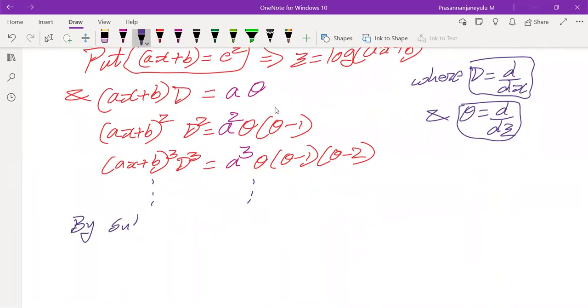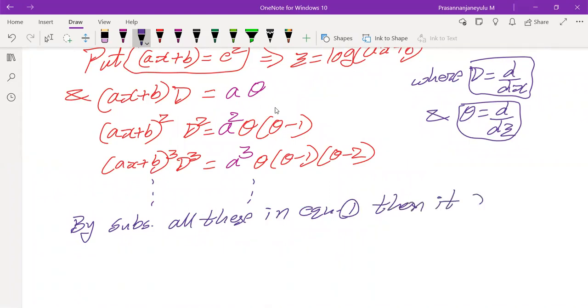By substituting all these in equation 1, it reduces to a linear DE with constant coefficients.